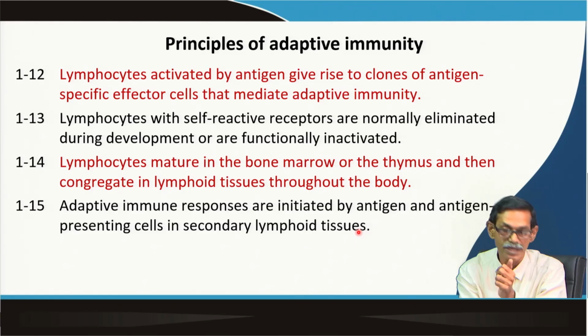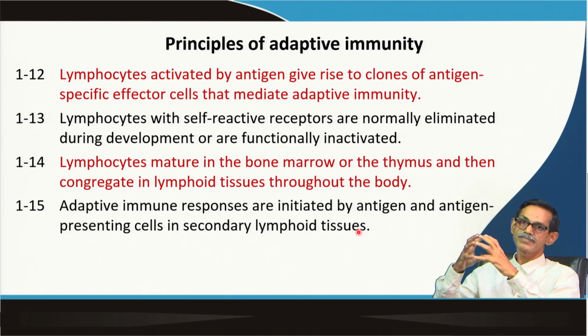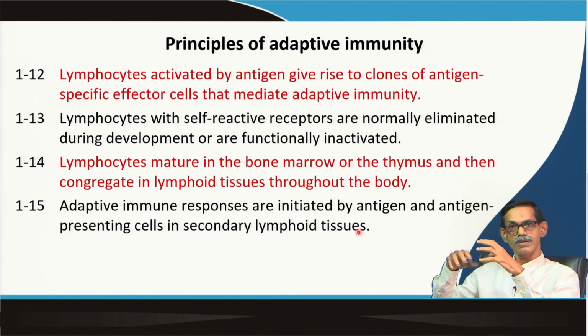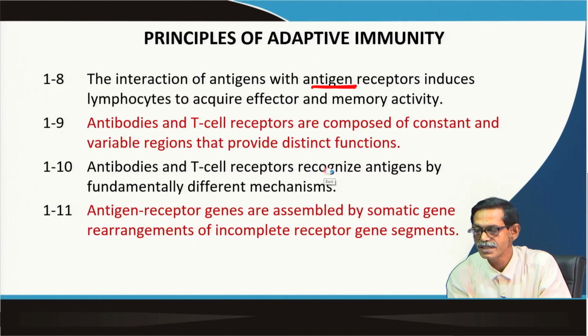Adaptive immune responses are initiated by antigen and antigen presenting cells in the secondary lymphoid tissue. The lymphoid tissues are of two types: primary lymphoid tissue and secondary lymphoid tissue. Where B cells and T cells are produced, developed, modified, or trained, those are called primary lymphoid tissues, like bone marrow and thymus.